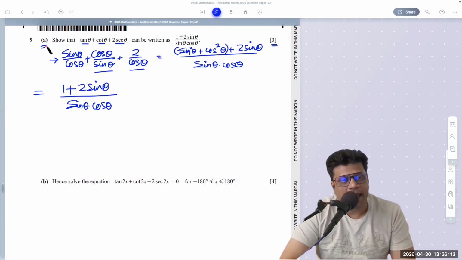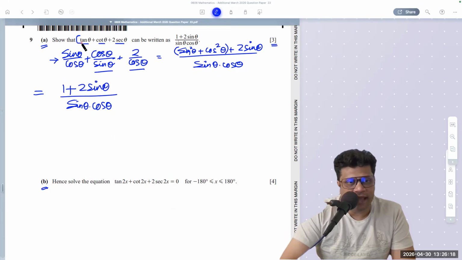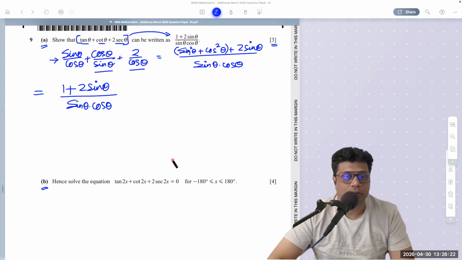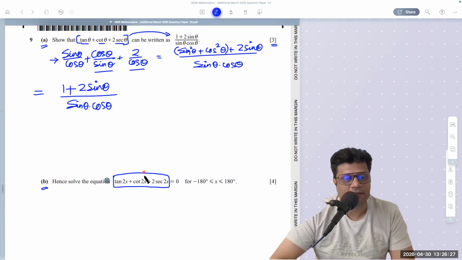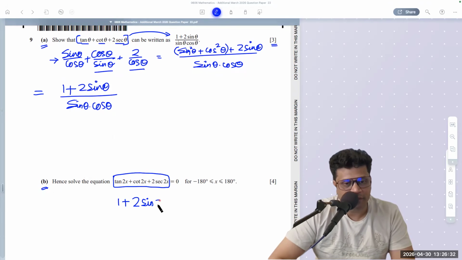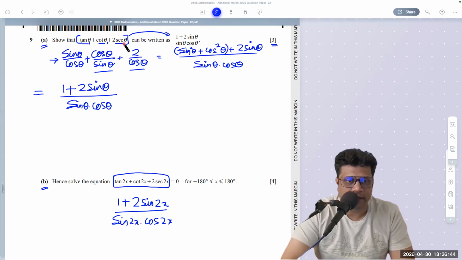Well, the part A serves as a hint for the part B. If this can be written as that, know that this can be written as 1 plus 2 sine of 2x by sine 2x and cos 2x. Okay? If there is a theta here, I end up with theta there.